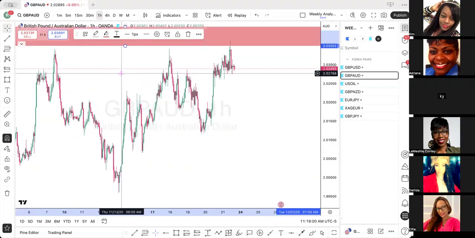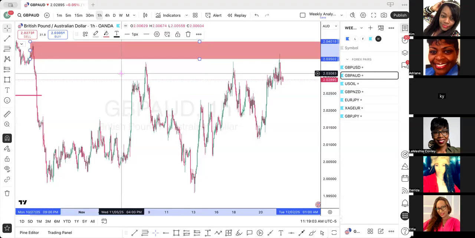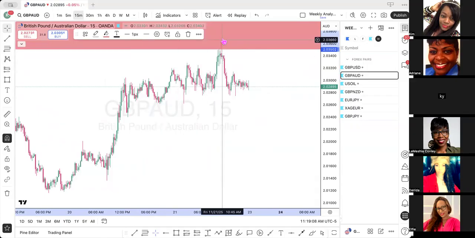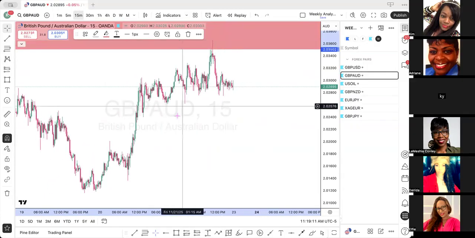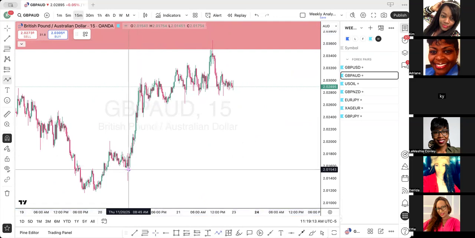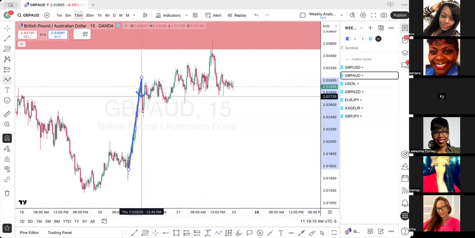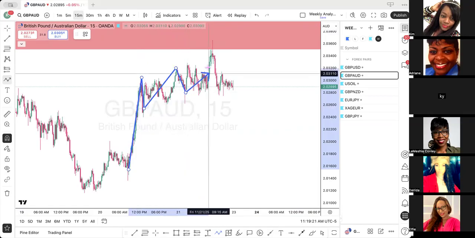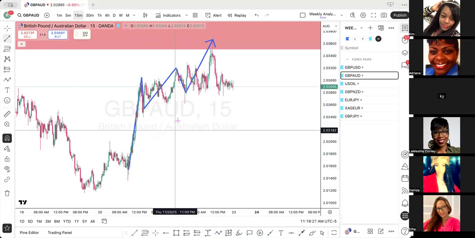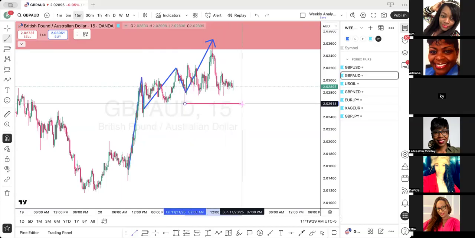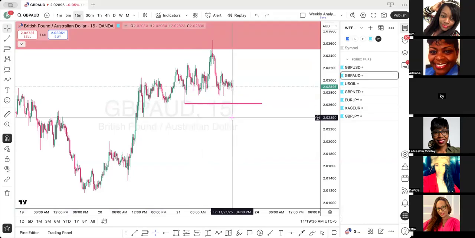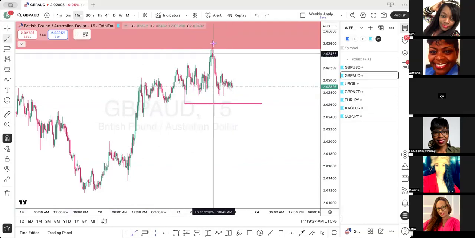So if I go down in time frame and I look for the structure that tapped into this zone, I can see that this pushed up, this pulled back, this pushed up, this pulled back, this pushed up. So this would be my current swing low. Okay. So price would either need to break this low for me or break this high.